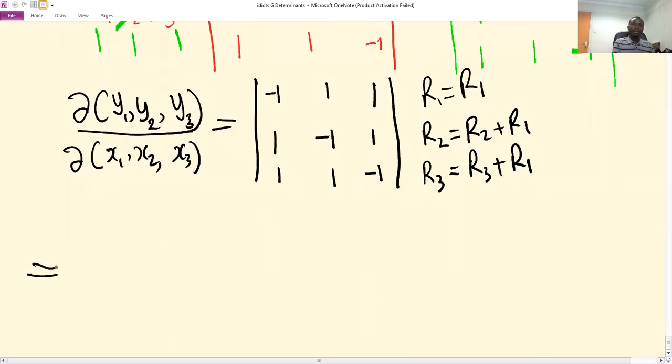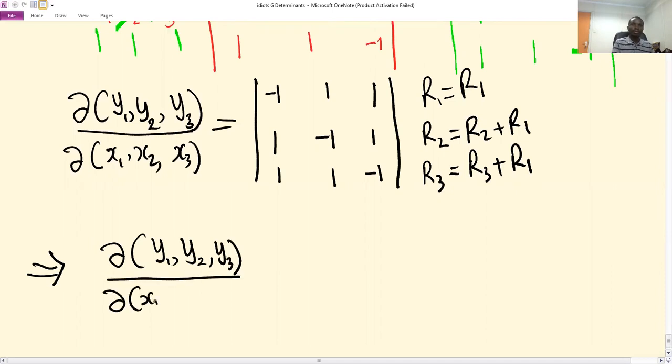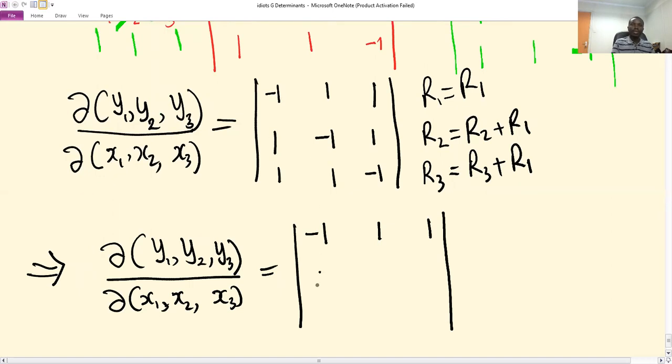So this means that the Jacobian will be given by the determinant of, so this negative 1, 1, 1, 1 plus minus 1 is 0, 1 minus 1 plus 1 is 0, 1 plus 1 is 2, 1 plus minus 1 is 0, 1 plus 1 is 2, minus 1 plus 1 is 0.